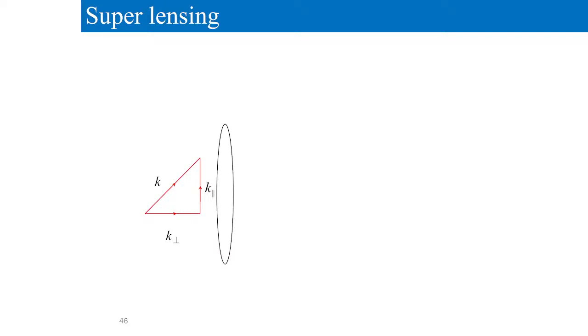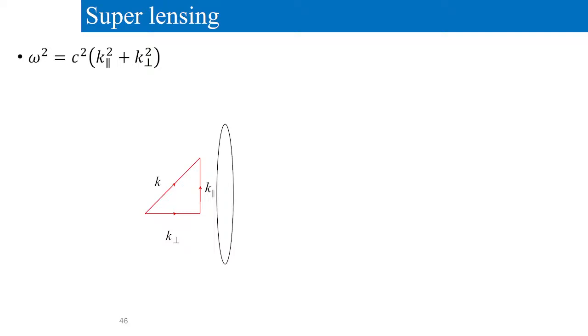So if it is going towards the lens and it has to pass through the lens, what happens in the right-handed media? In the right-handed media, we know omega is equal to c into k, or omega square is equal to c square into k square. Now k has two components, therefore k square is equal to k parallel square plus k perpendicular square.